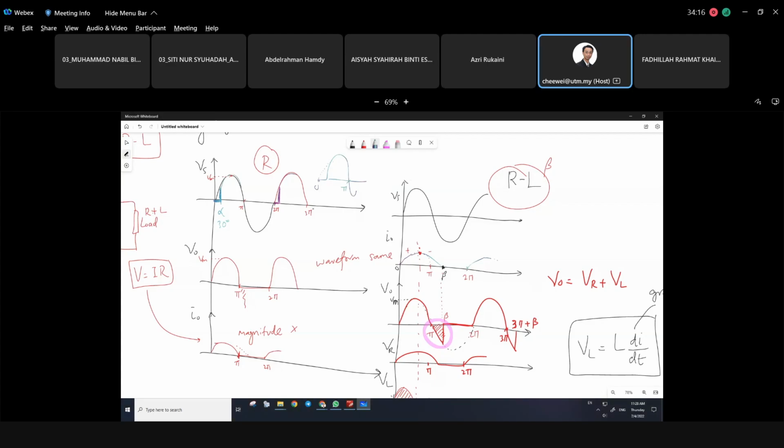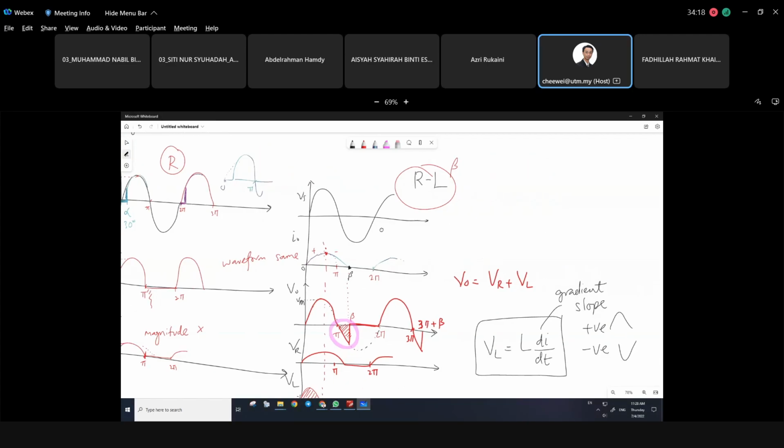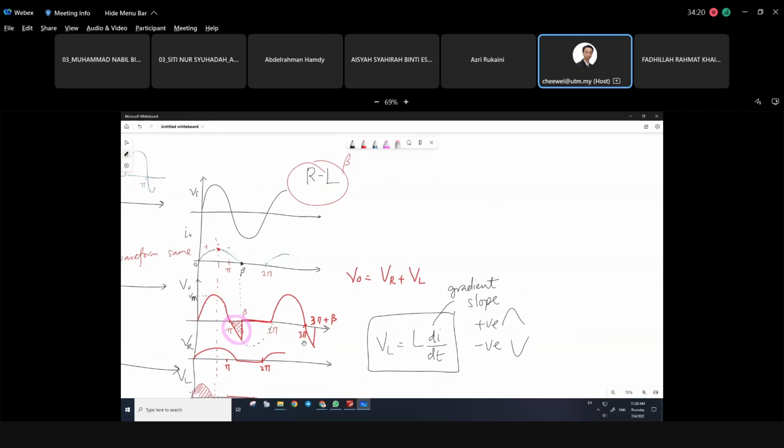Okay, let's talk about how we do the derivation. Let's have a look at this diagram, V out for RL load. How do we derive the V out? We want to derive this V out, this diagram. How do we start?